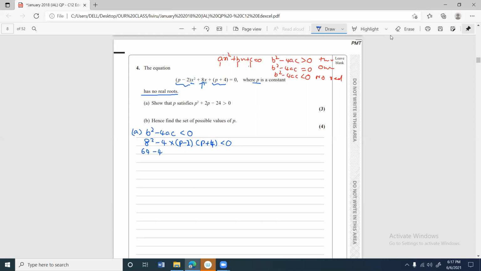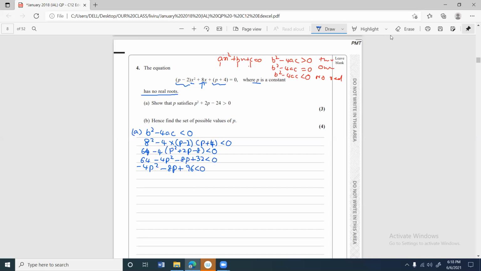64 minus 4 times, this is p squared plus 2p minus 8, is less than 0. So you can say 64 minus 4p squared minus 8p plus 32 is less than 0. So I will just simplify: minus 4p squared minus 8p plus 96 is less than 0.